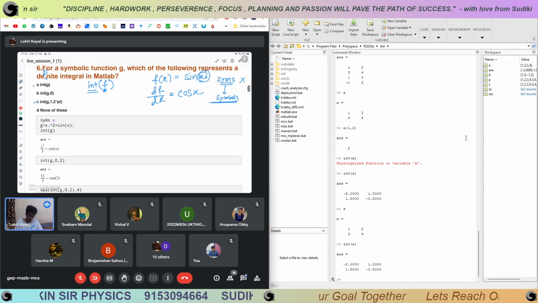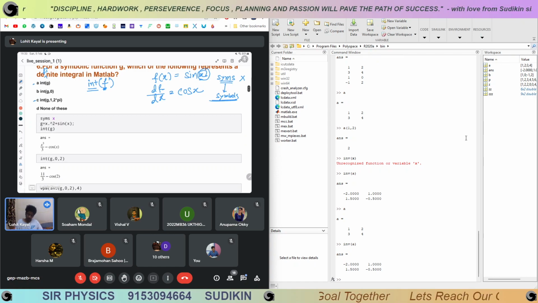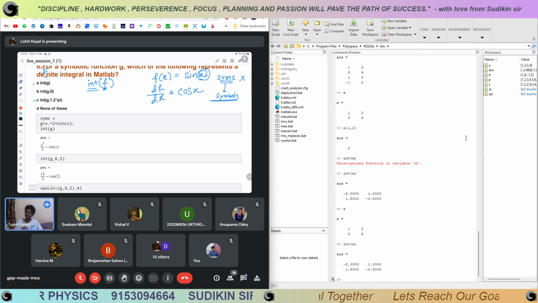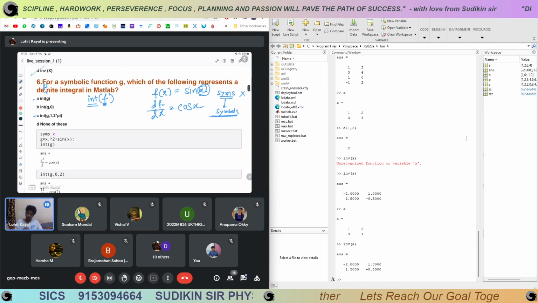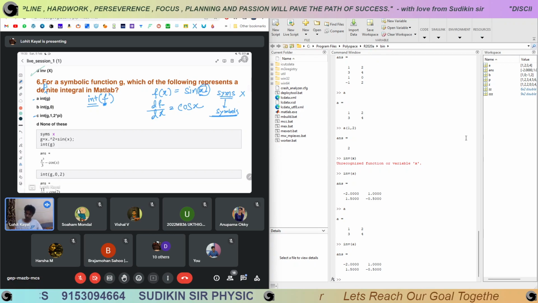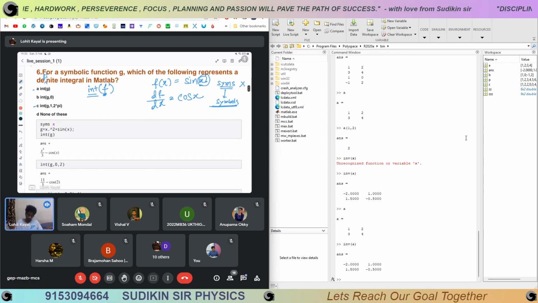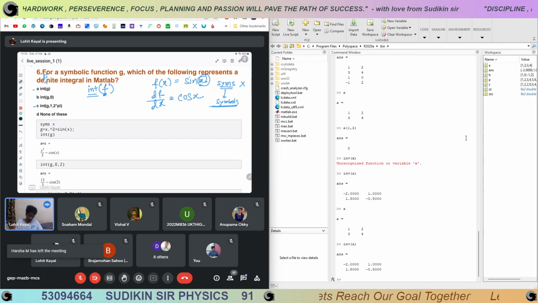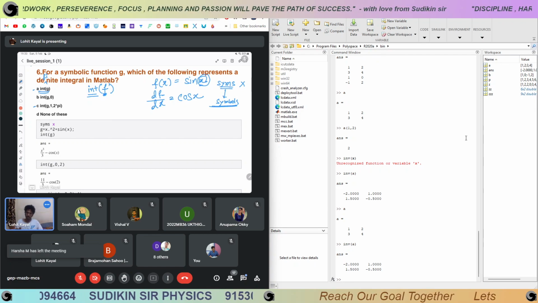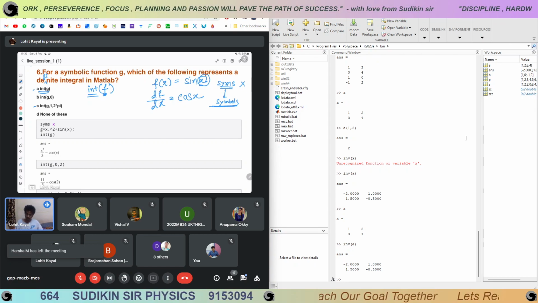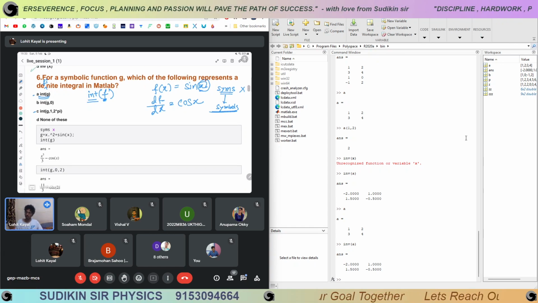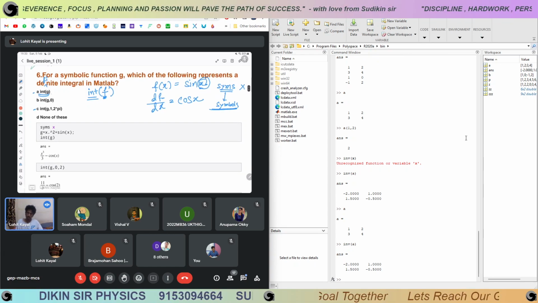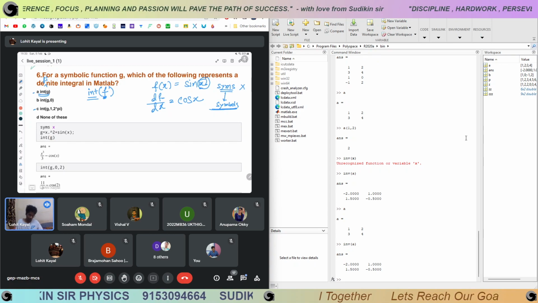Now when I am writing g equal to x squared plus sin x, as g is a function of x, it will know that g is also a symbolic variable. Now in order to use this command int of g, you must mention that x is a symbolic variable. Otherwise it will not be possible to use int of g.